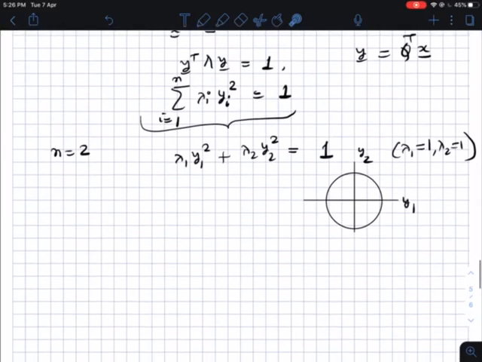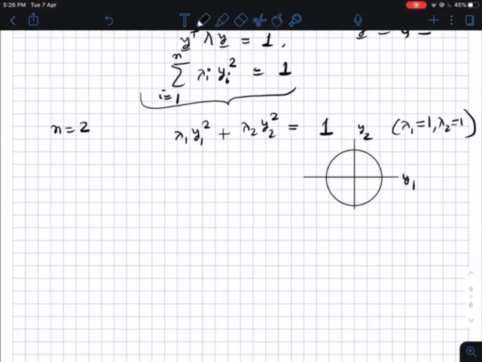Okay, but now let us take the scenario, maybe lambda 1 is 1 but lambda 2 is 2. Then you will get something like y1 square plus 2 y2 square is equal to 1.